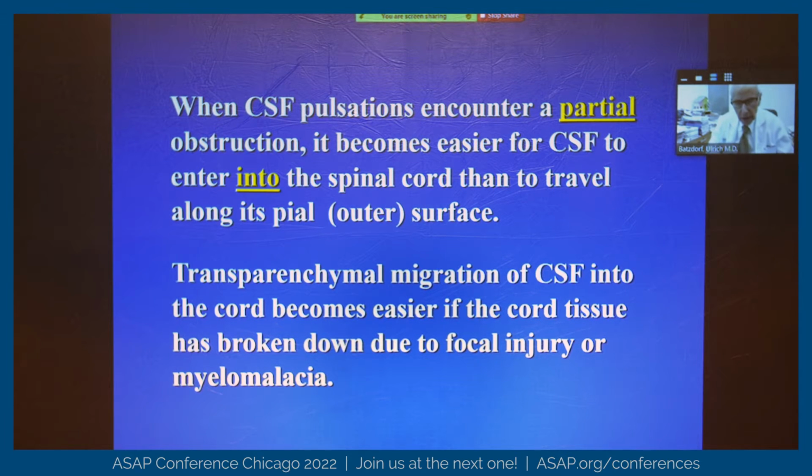And this is obviously facilitated if a spinal cord injury has broken down the tissue so it becomes more permeable to the fluid traveling into the cord from the subarachnoid space.